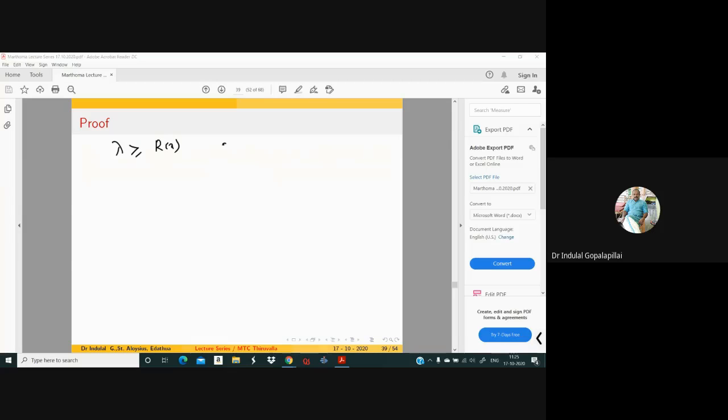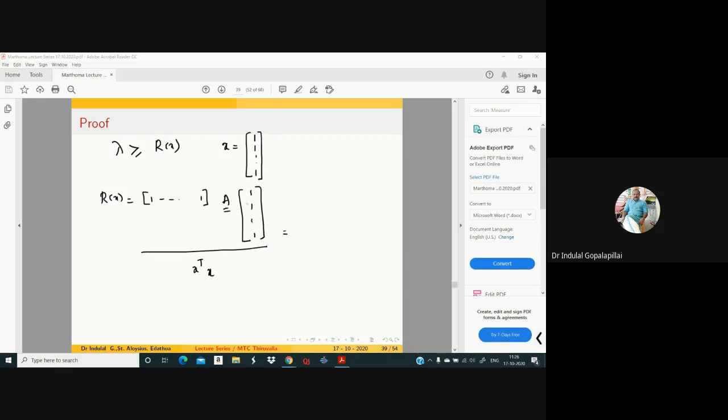So we choose x as the all-one vector. What is the Rayleigh quotient of x? Rayleigh quotient of x is x transpose A x by x transpose x.